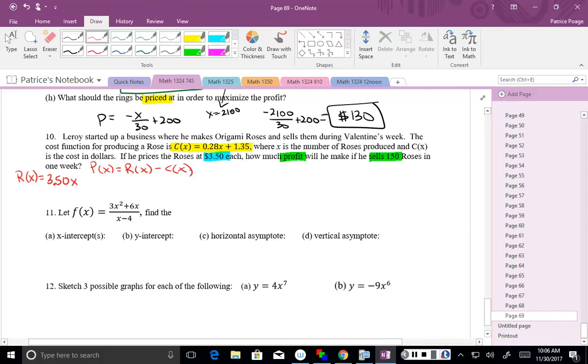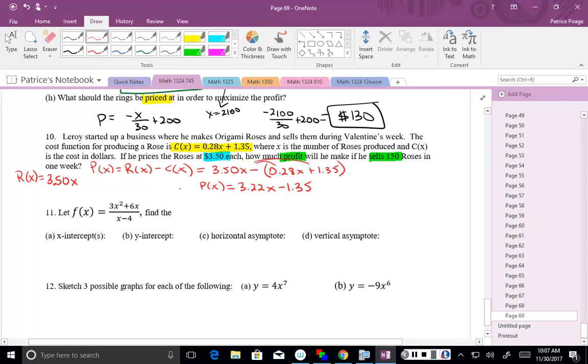And so I'll find my profit by putting in my revenue equation, 3.50x, minus parentheses, my cost equation. And so I get my profit to equal, if I distribute my negative here, 3.5x minus 0.28x equals 3.22x minus 1.35.